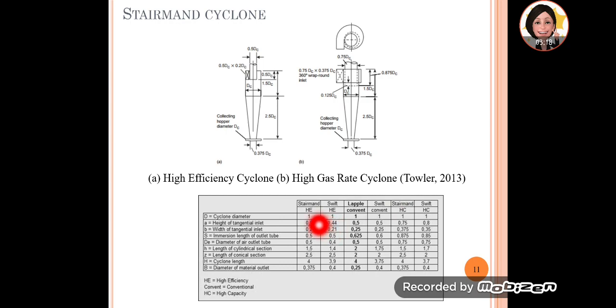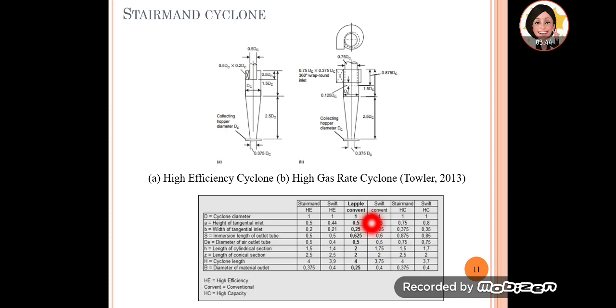So the ones that we use in this textbook are Stairmand cyclones. So this is the Stairmand high efficiency cyclone, and this is the Stairmand high capacity, which is the high gas rate cyclone. If you notice, there's also the Swift cyclone, which has its own parameters, and the Lapple cyclone.